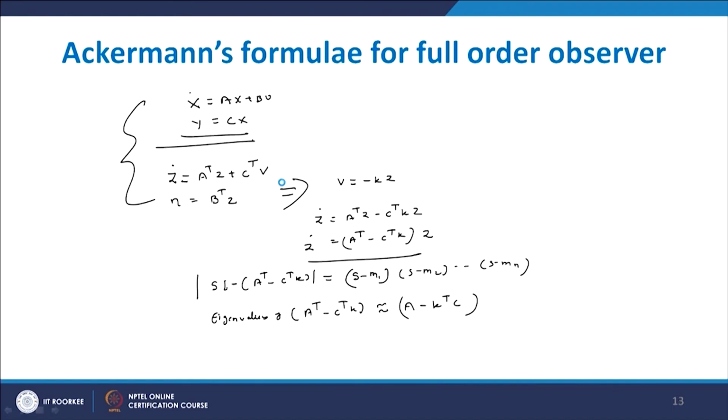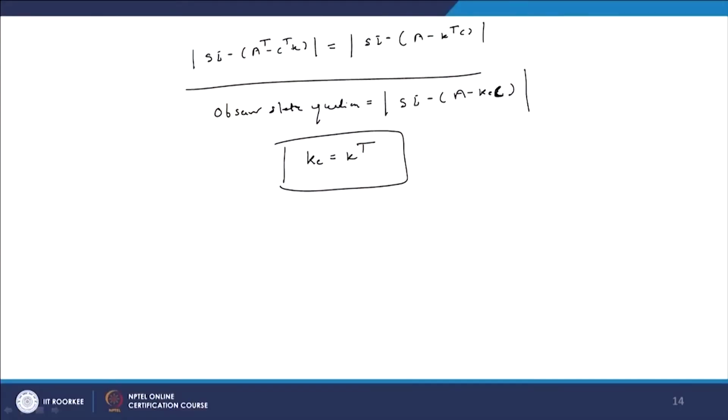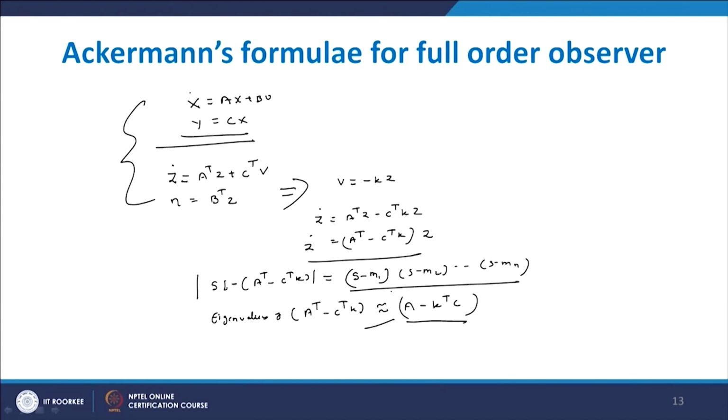So, here what we have done is we have taken the dual of the system, and after taking the dual, we have got A minus K transpose into C. Our main purpose is to get the value of K, and therefore we have decided the observer poles, which have to be placed on the left hand side of the s-plane.